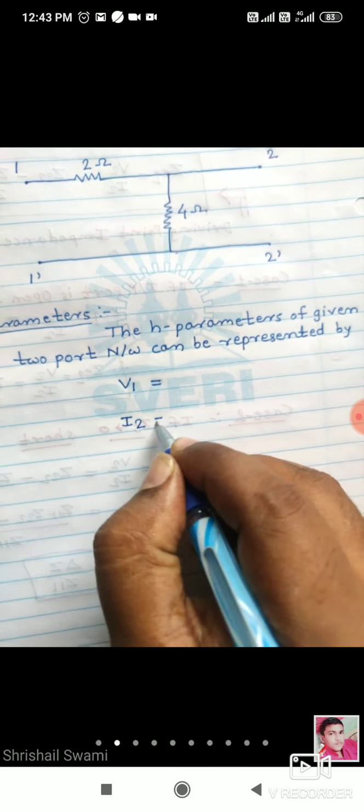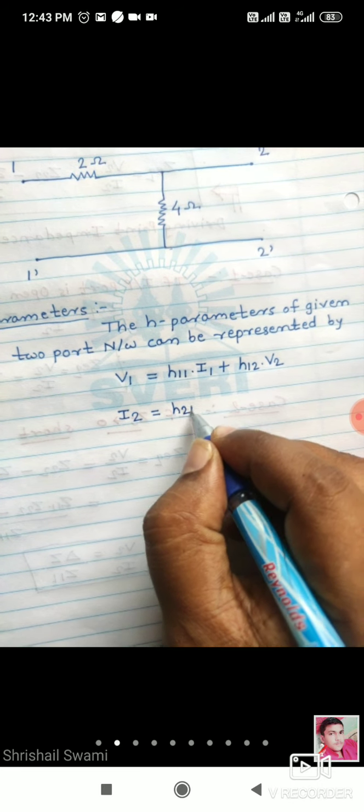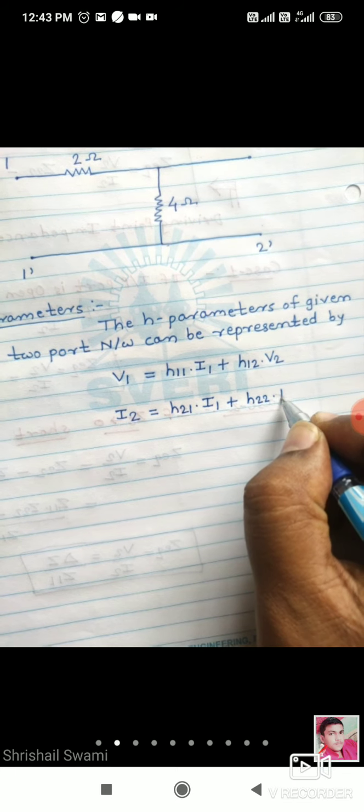V1 and I2 acting as a dependent variable. V1 is equal to H11 into I1 plus H12 into V2. Similarly, I2 is equal to H21 into I1 plus H22 into V2. So this is equation number 1. This is equation number 2. Okay. So equation you must know, because to solve the problems we require the equations and formulas.